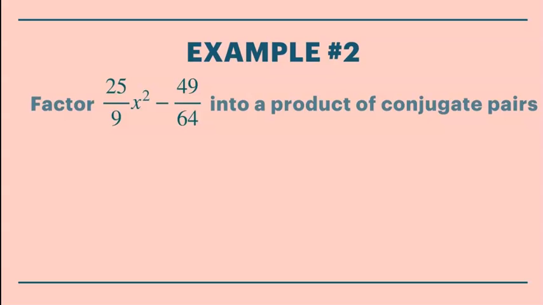This one looks fancier because it is, but taking the square root of a fraction, if I'm looking for the square root of the first term and the square root of the second term, the square root of the fraction is just the square root of the top over the square root of the bottom. So the square root of 25 is 5, and the square root of 9 is 3. Square root of x squared is x. So the first term of my conjugate pair is going to be 5/3 x.